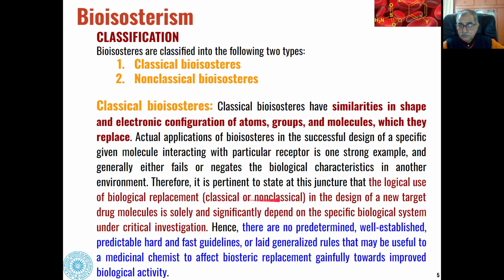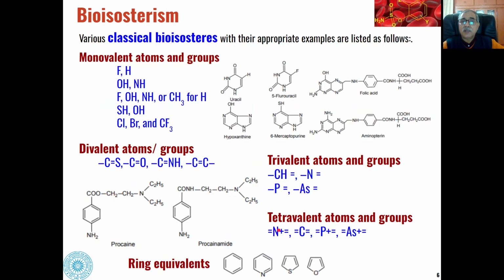And the biological replacement in the design of a new target drug molecule depends solely and significantly on the specific biological system under critical investigation. So basically, if we take some examples, the classical bioisosteres can be formed if we replace F by H or H by F, or OH by NH or NH by OH.